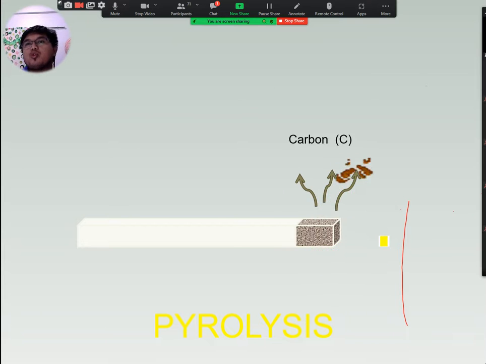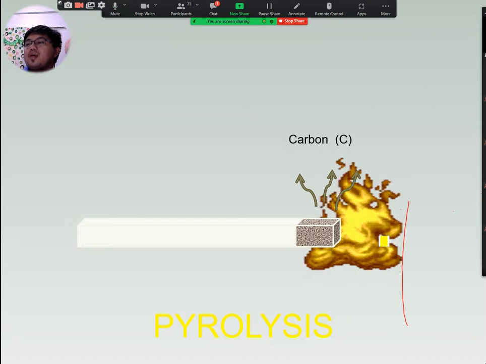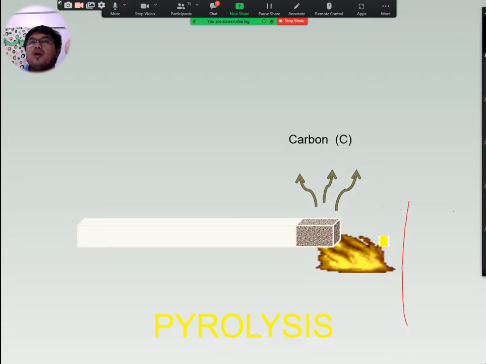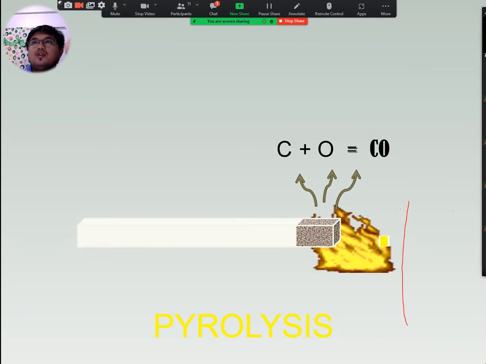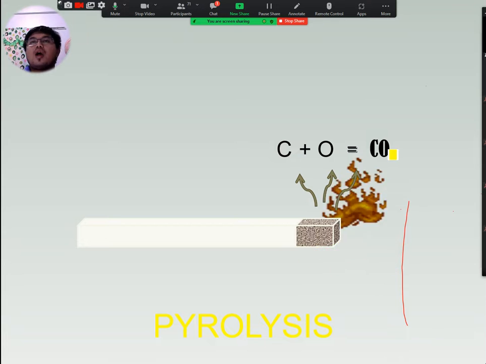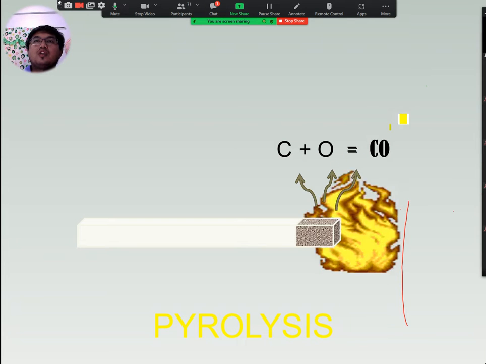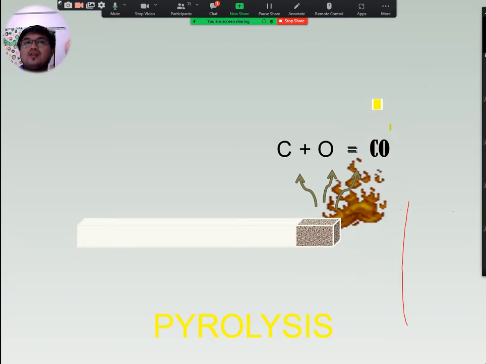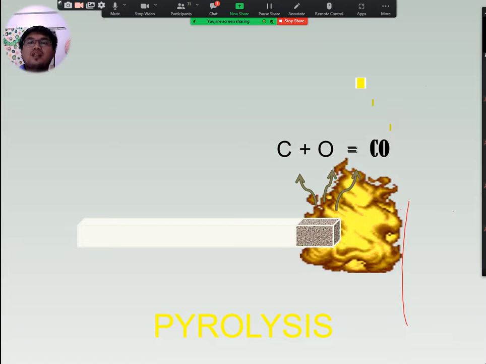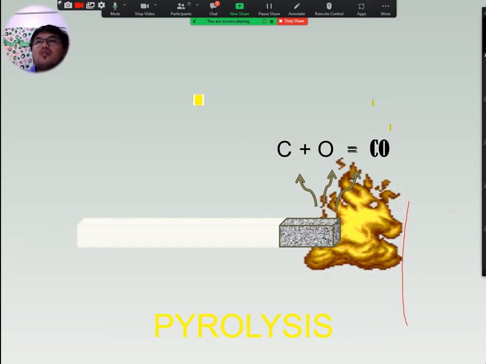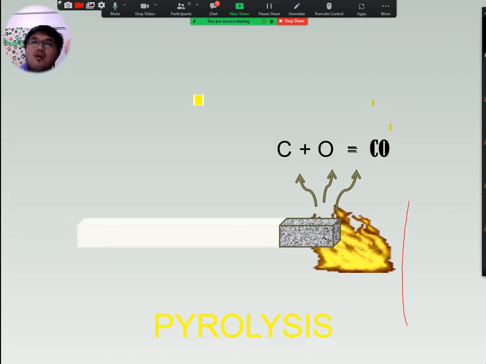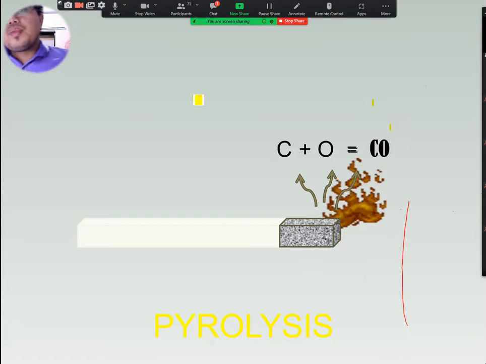Okay? It will produce carbon and then sasama yan with oxygen. Okay? Sasama yung carbon with oxygen, there will be carbon monoxide. Okay? Ang tawag natin diyan yung time na magmi-mix yung carbon sa oxygen, hihigop, di ba?